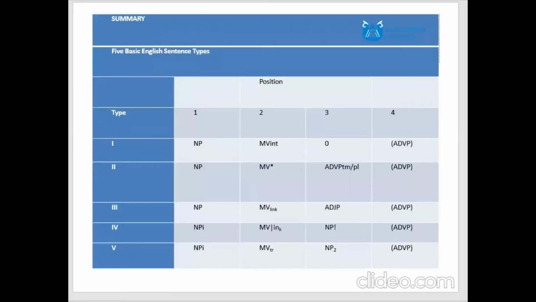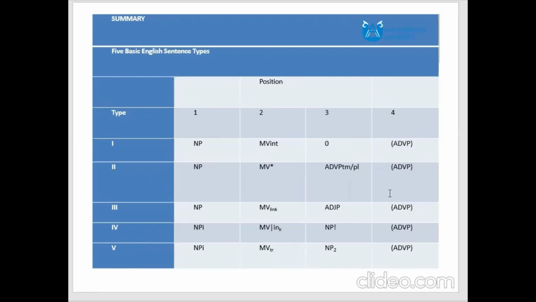To summarize, simple English sentences have 4 basic positions that define their structure: the subject position, the main verb position, the position filled by a required object complement, and the position that can be filled by one or more adverbial modifiers.